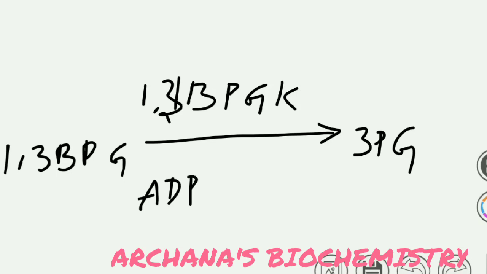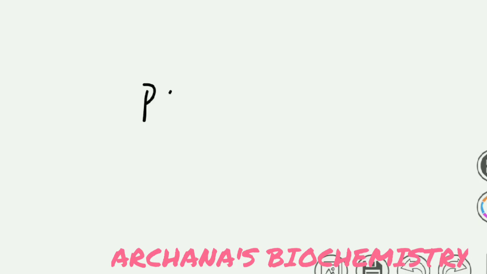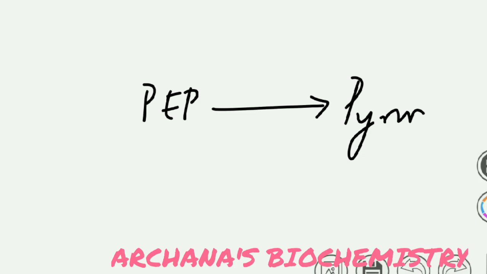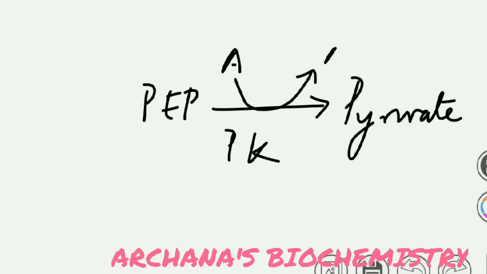ADP plus inorganic phosphate will give your ATP. There is regeneration of ATP. The next kinase is your pyruvate kinase. Phosphoenol pyruvate is converted to pyruvate. So here also there is regeneration of ATP.